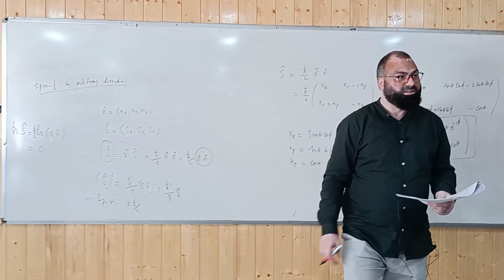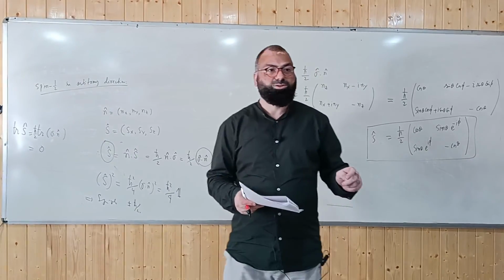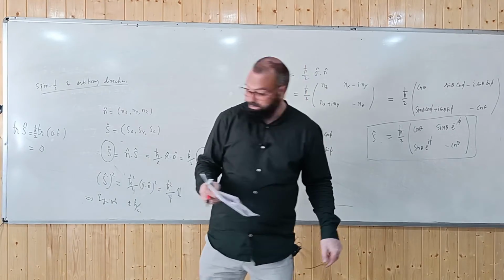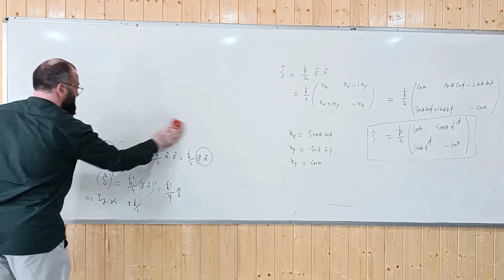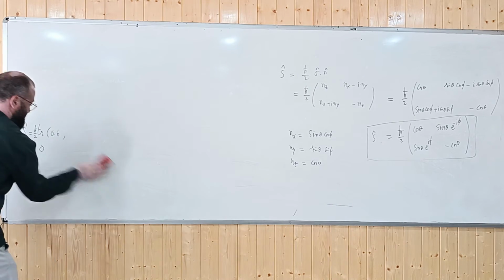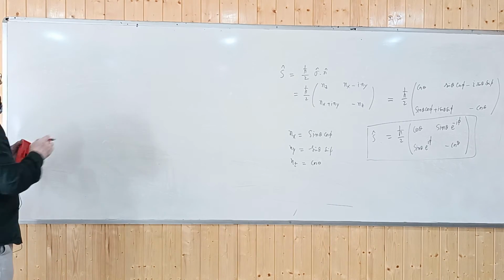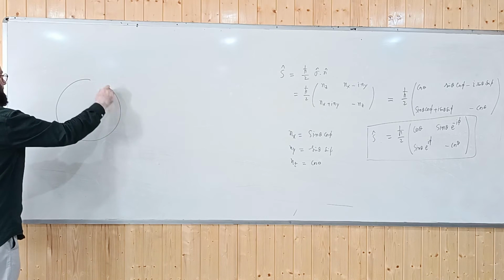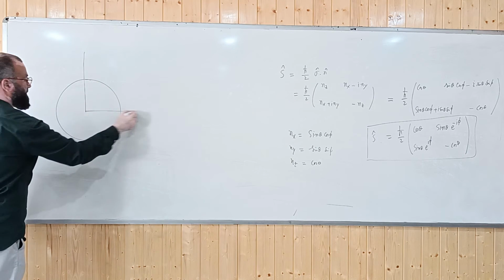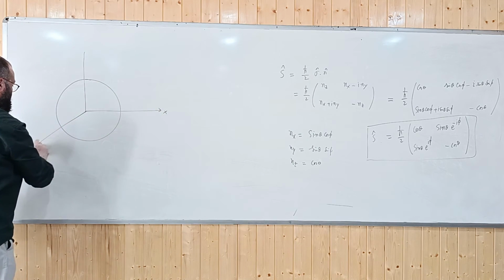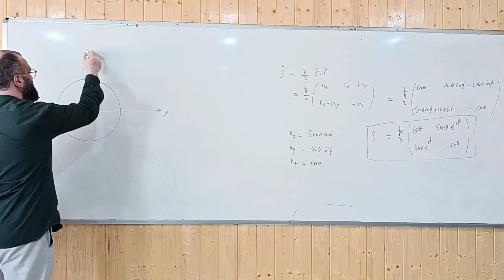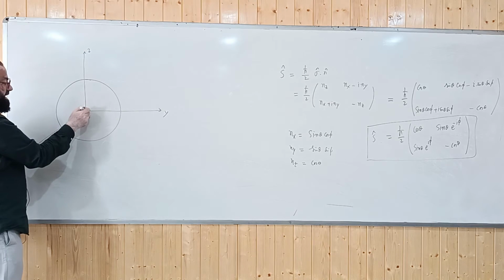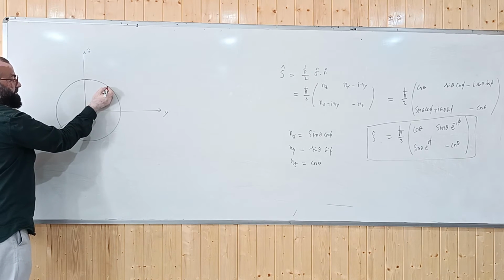So this is actually a representation of a spin half particle on a sphere, in spherical polar coordinates. Let me draw. It will be a sphere with x, y, and z axes. All the points on the sphere you can think of as a vector, this spin operator as a vector.